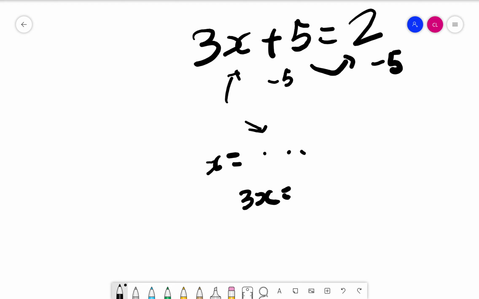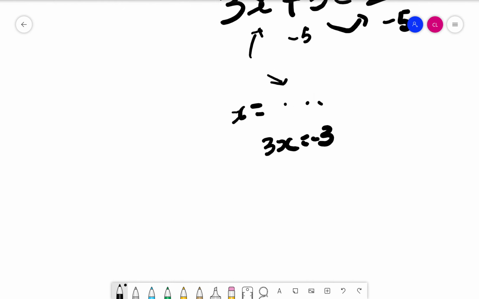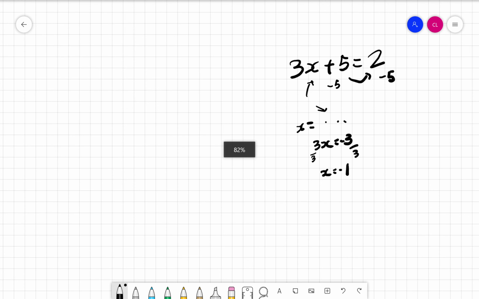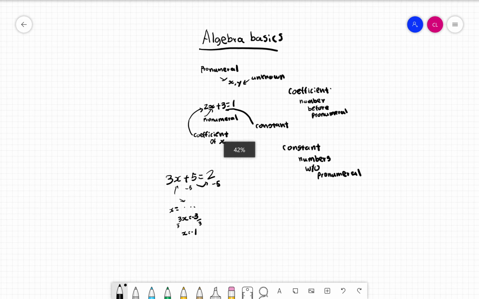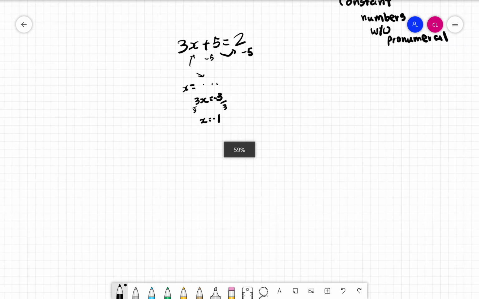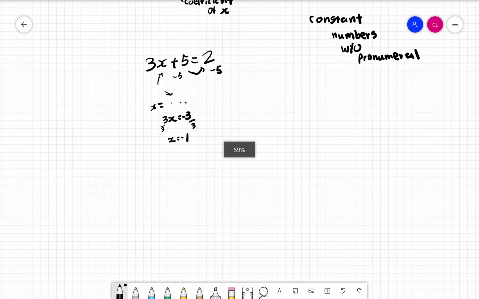So 3x equals minus 3 in this case. Then you would again want to cancel out the 3, so you divide by 3 on both sides. So you would get x equals minus 1. Simple enough.